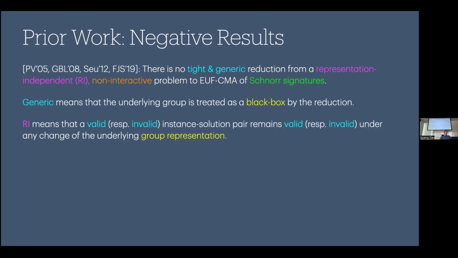Actually that's a good question, but I think the answer is that generic refers to the reduction, how the reduction treats the group, and representation independent refers to a property of the underlying assumption. Yeah, but they are quite related. You're right.